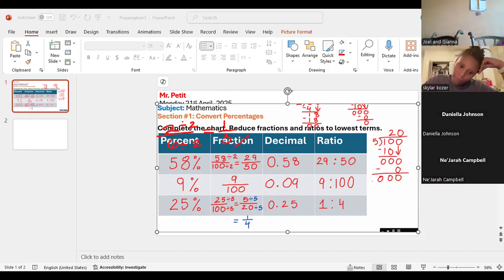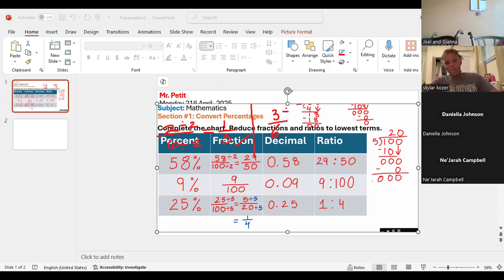What's the next question? 3 over 6. How could you simplify that? 1 over 3. No, first tell me what number you're using. 3.